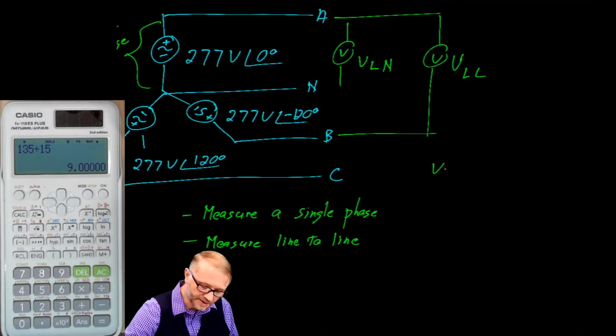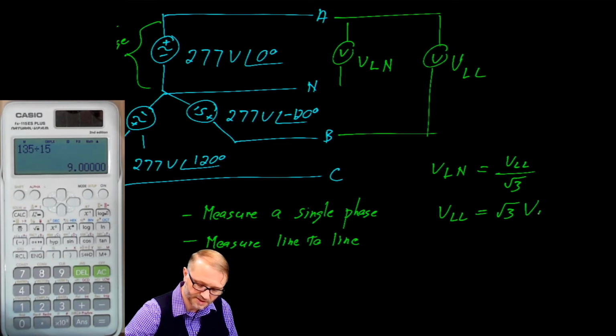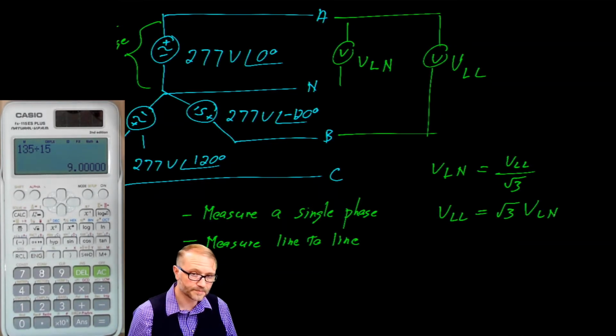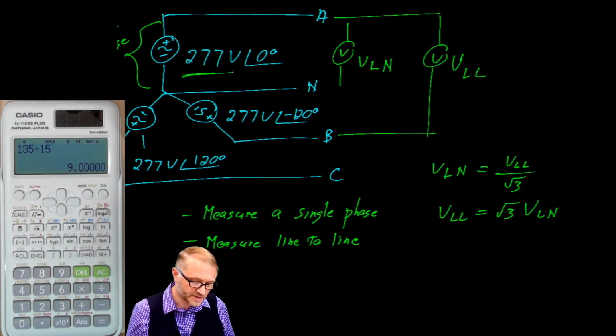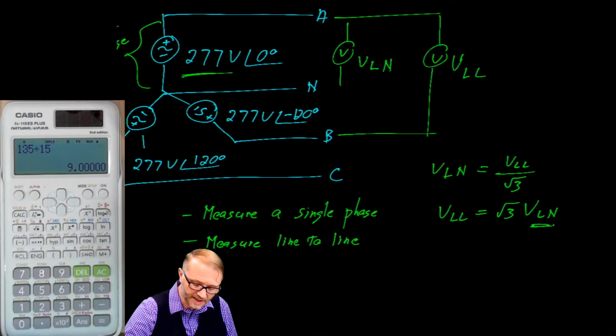You may recall an equation: voltage line to neutral is voltage line to line divided by square root of 3. Or if you rearrange that, voltage line to line is equal to root 3 times voltage line to neutral. In this particular system, we have 277 volts. That is a phase voltage, which is to say it's a line to neutral.